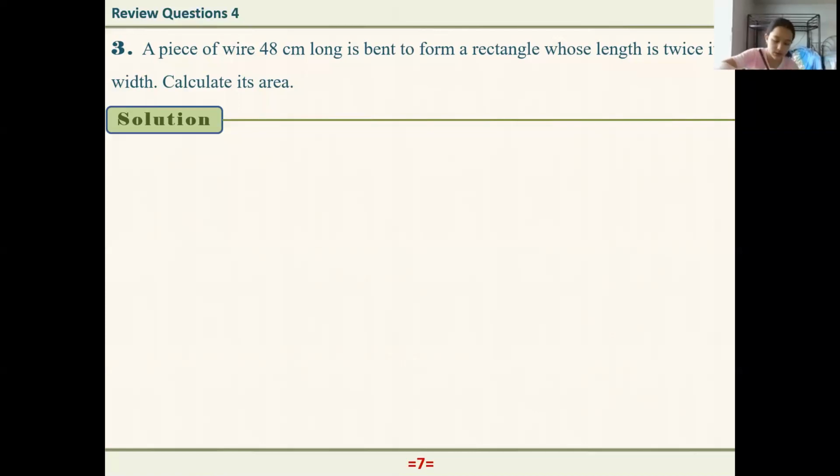Okay. So that's 42 centimeters. 6 centimeters. And 22 times 16.